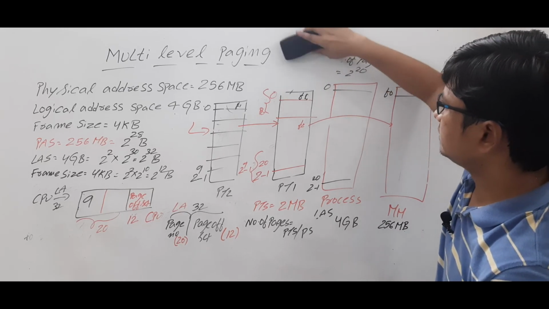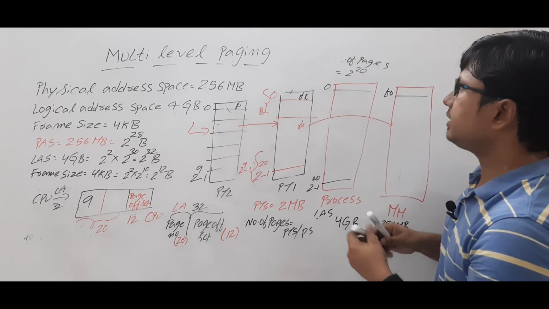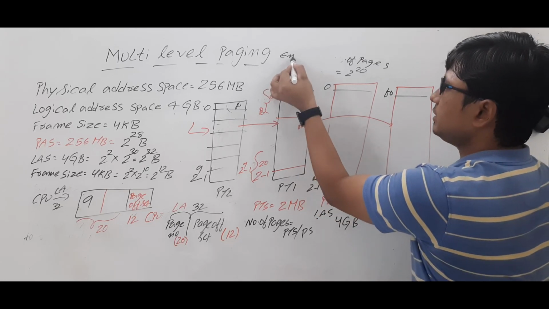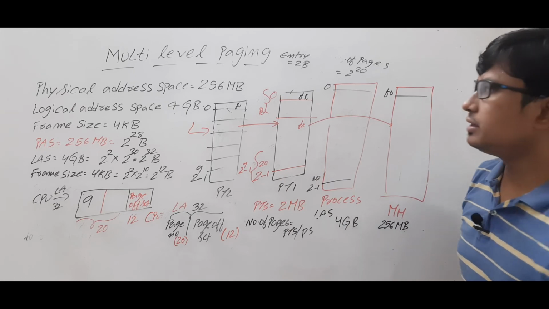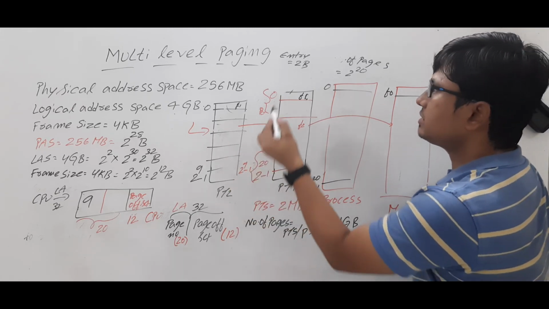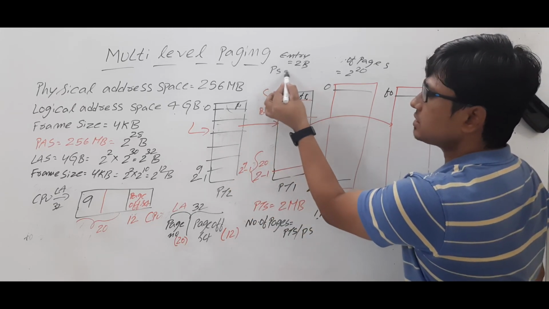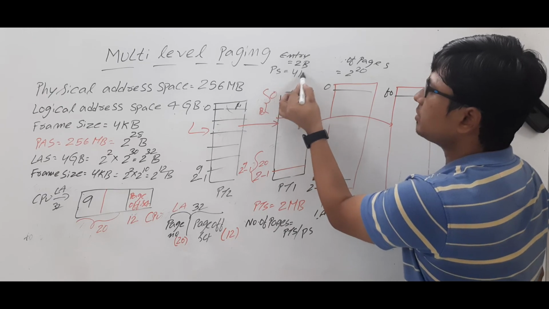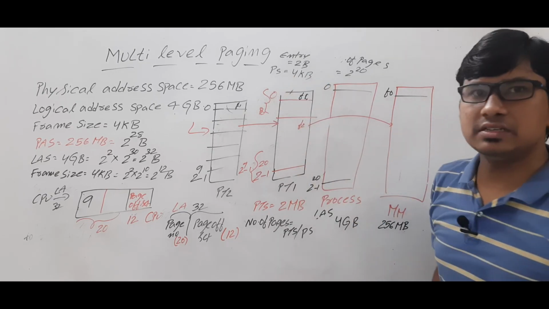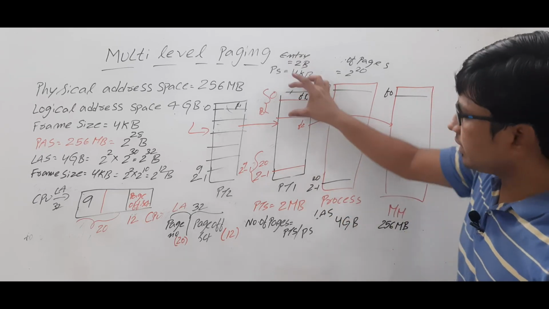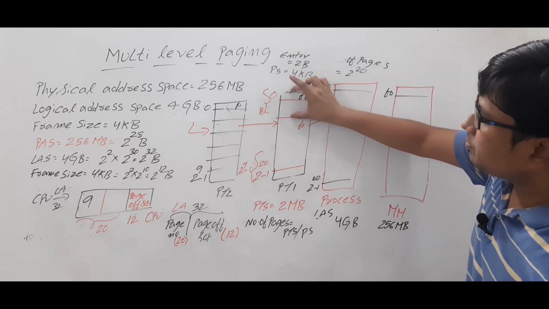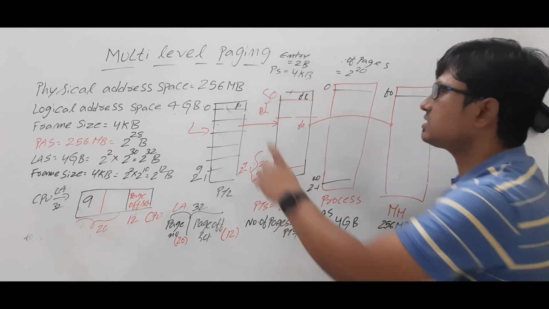Let me write here, each entry occupies 2 bytes. And what is the page size? Page size is 4 KB. If page size is 4 KB and each entry is 2 bytes, then how many bytes of information can be kept in a single page?